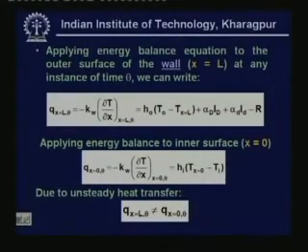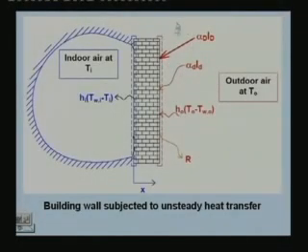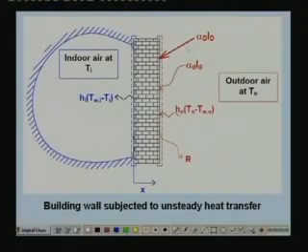Now what we do is we apply the energy balance equation to the outer surface of the wall at any instant of time theta. So this is your wall and this is the outer surface, shown by this dashed line, and we apply energy balance to the outer surface.